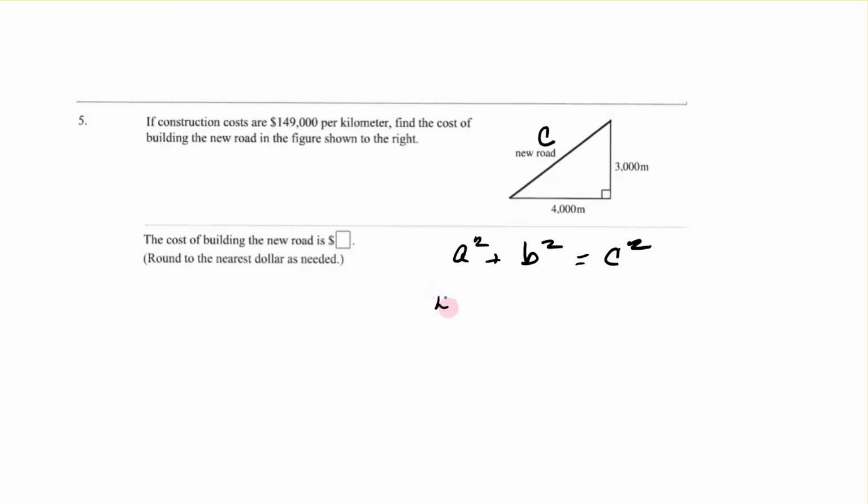I'm going to let 4,000 be a, and 3,000 is b, and that's c squared. So I need to square both of those numbers. But I'm going to stop. I could continue the problem, but instead I'm going to say, wait.